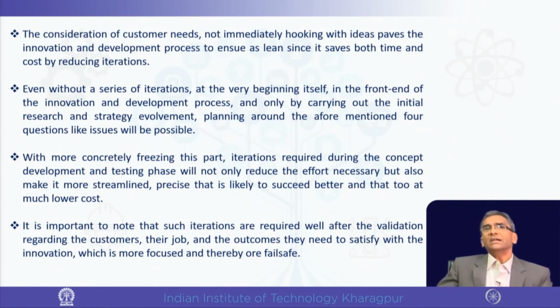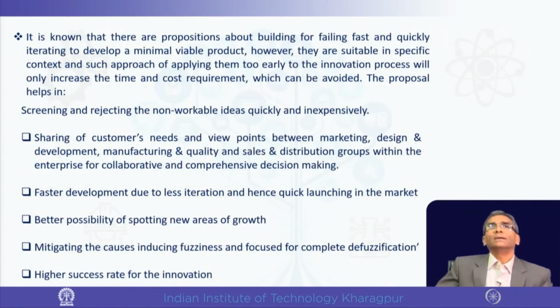It is important to note that such iterations are required well after the validation regarding the customers, their job and the outcomes they need to satisfy with the innovation, which is focused on fail safe operation. The idea is it should not fail.